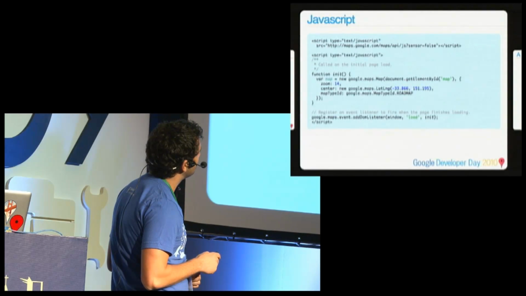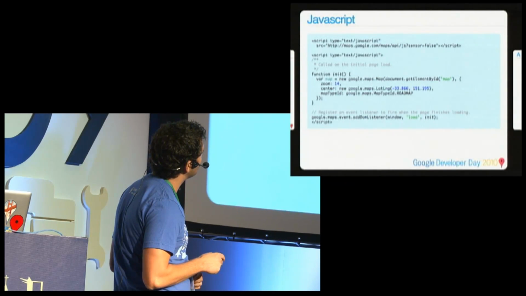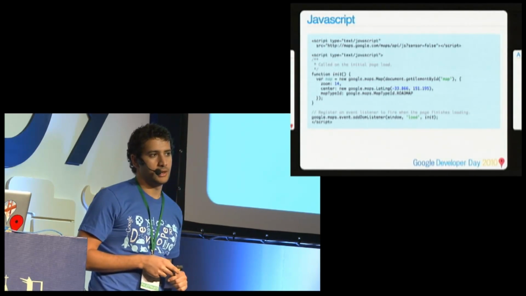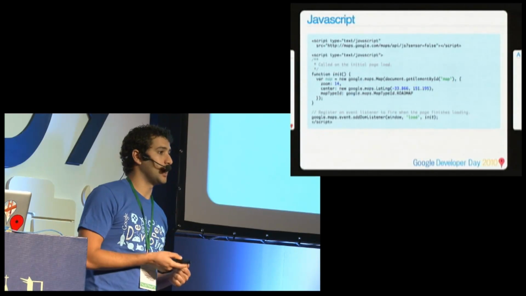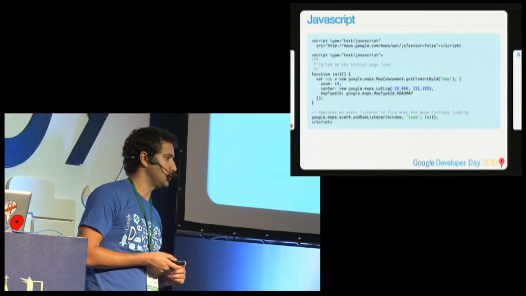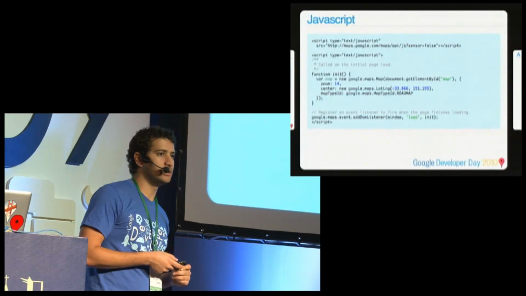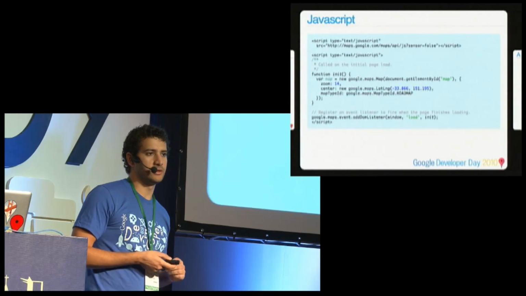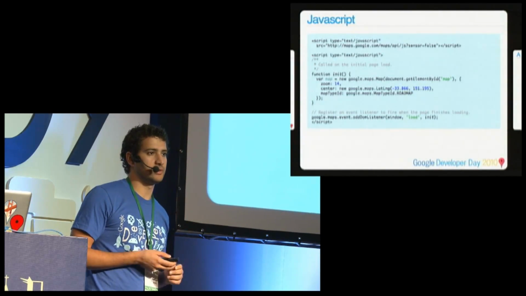And then one more thing I want you to notice is, while we don't have any API keys anymore, we do have this sensor equals false. This is a required parameter. It's either true or false. It refers to whether you are building this map based on some real-time sensor data.